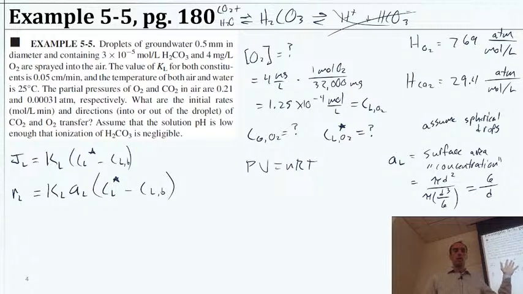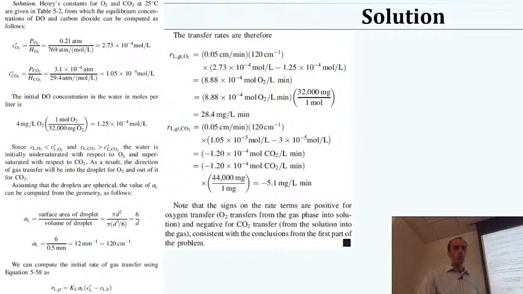All right, I'm going to bring up the book solution and we'll go through it from there, but I wanted to bring some first impressions to you off the cuff. We need to solve this for both oxygen and CO2.